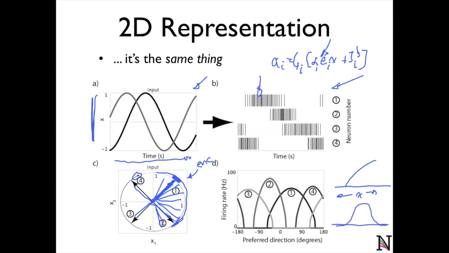This could be the orientation of a bar that you're sticking into a cell in V1. It could be the movement direction of the arm recorded from motor cortex. In all of these cases, we see tuning curves that have bumps. And so the question often arises, how do you get bump tuning curves in the NEF when you've got these linear functions that are increasing all the time?